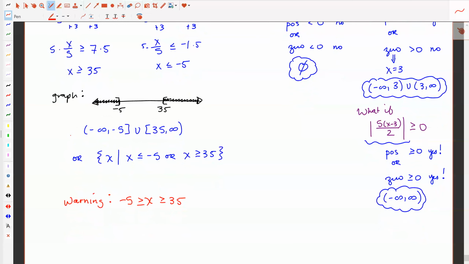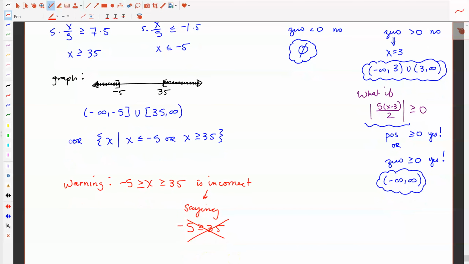This is incorrect. This is a bad way to write what's going on, because in math, we read everything on one line as true. So the whole string of relationships has to hold true. So if you write it like this, you are saying, if we kind of read what's going on with the end pieces, you are saying that -5 is greater or equal to 35, which obviously is not true.